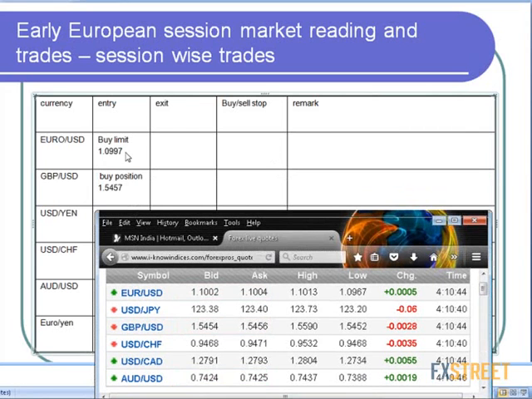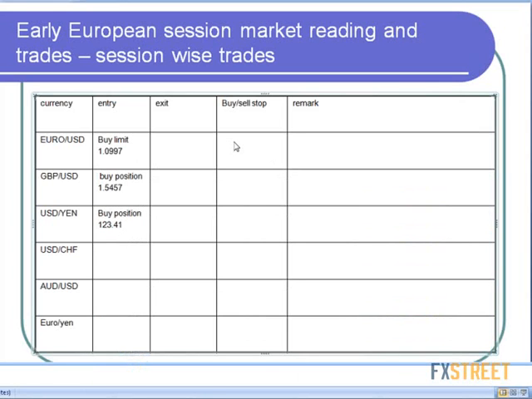Then we have to keep the hedge order to limit the risk. So 30 pips below the buy order, $1.0967, which will be a sell stop.